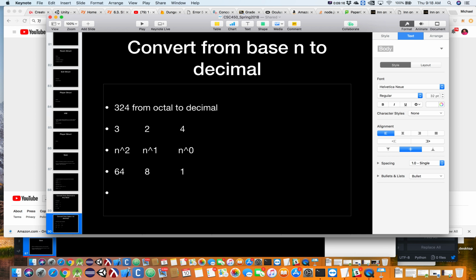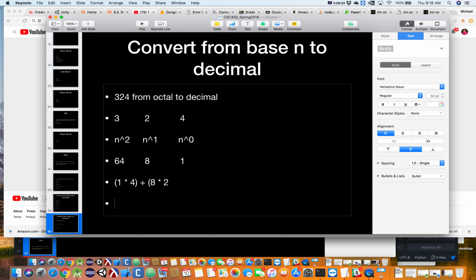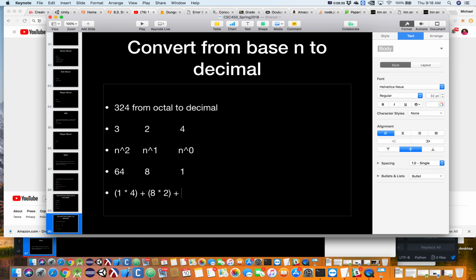And then what we're doing is summing everything up. So we're going to take the value down here, the 1's place, times 4. And we're going to add to that the 8's place, times 2. We're going to add to that the 64's place, times 3.